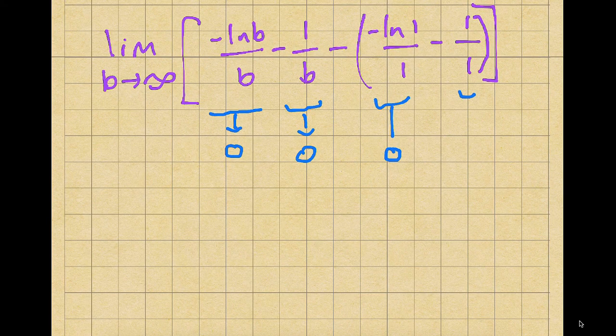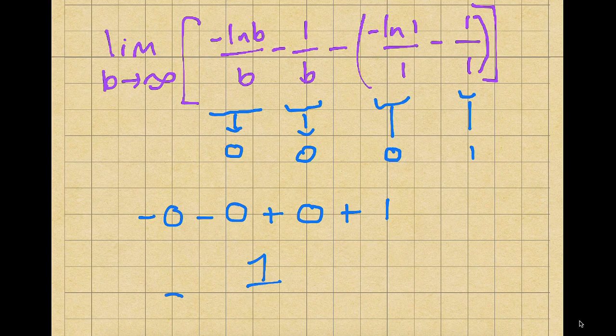And this part right here is 1. So what we have is negative 0 minus 0 plus 0 plus 1. So our answer is just 1.